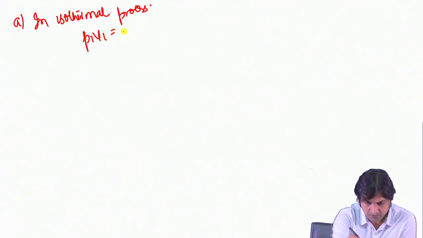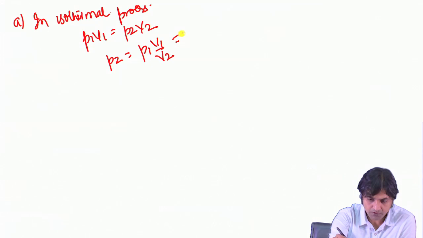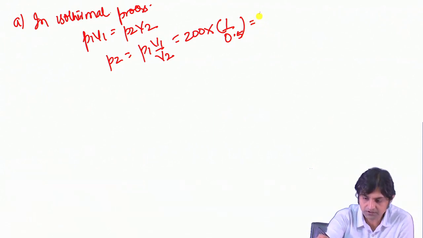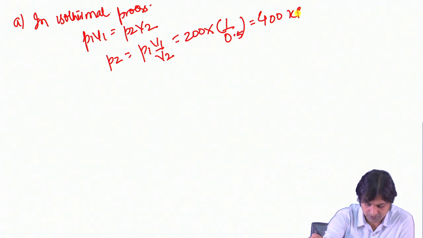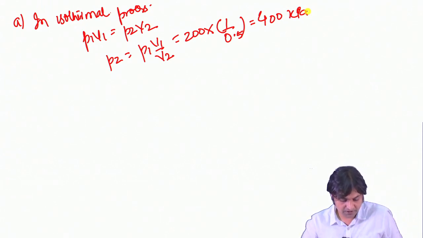P1 V1 is equal to P2 V2, therefore P2 is equal to P1 V1 by V2, or 200 into 1 by 0.5. This is very simple to calculate, and this is 400 kilopascal absolute temperature, right? Because everything is given here.